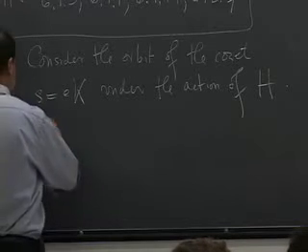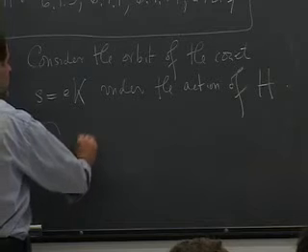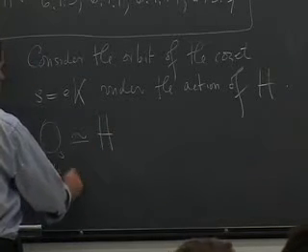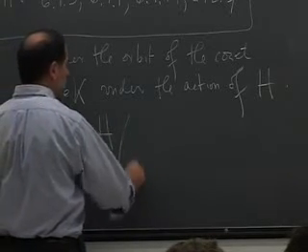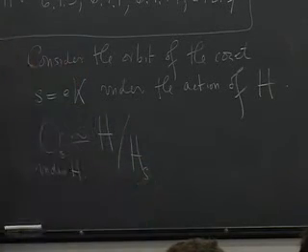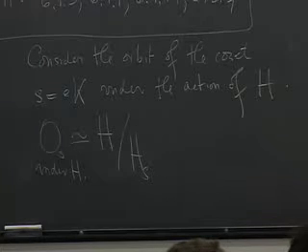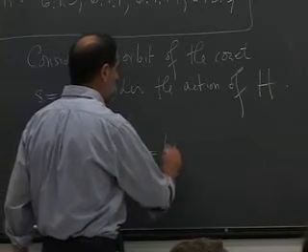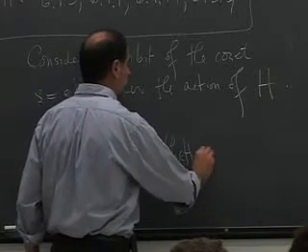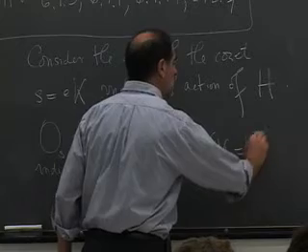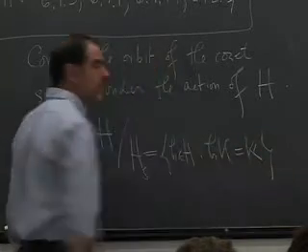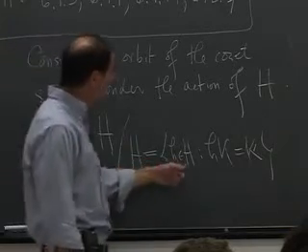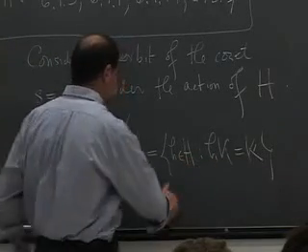Well, the orbit of this element under H is identified with H modulo the subgroup of H that stabilizes it. What is the subgroup of H that stabilizes it? This is the set of little h in H such that hK is equal to K, which is exactly the elements in H which are in K.